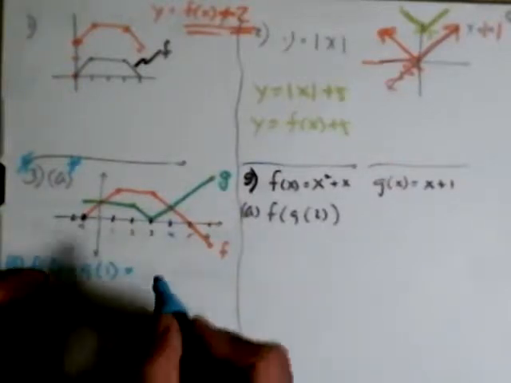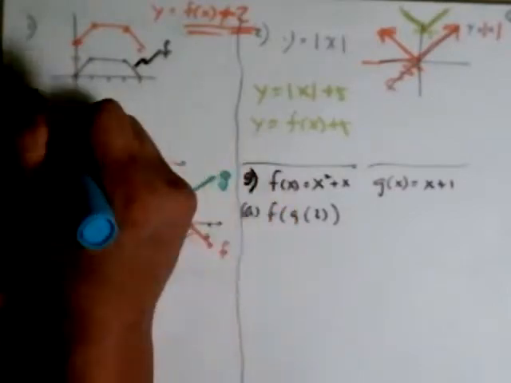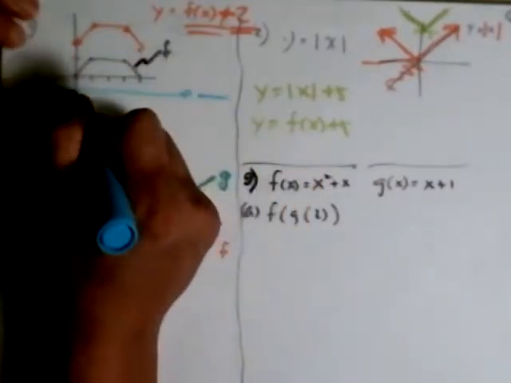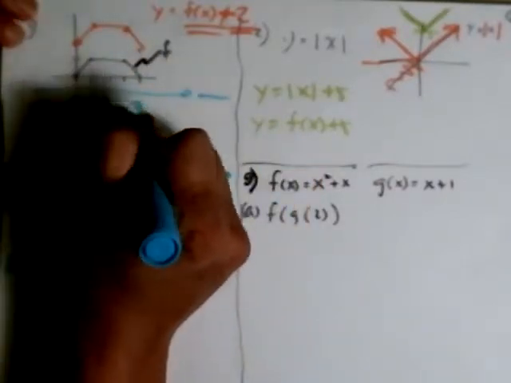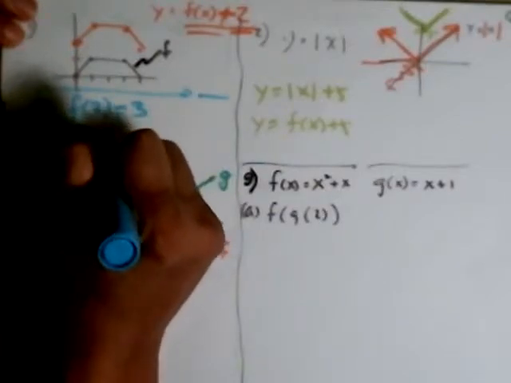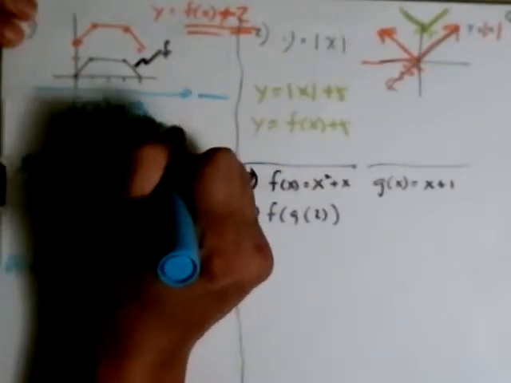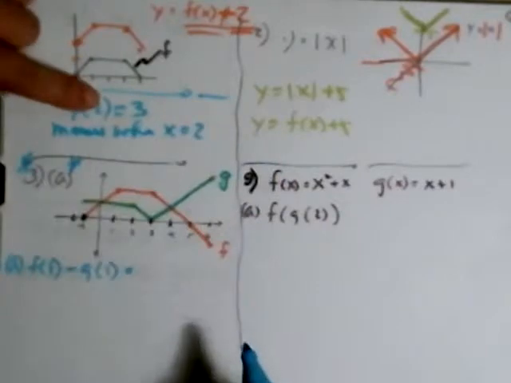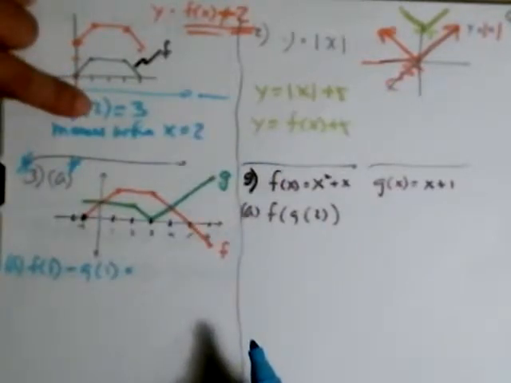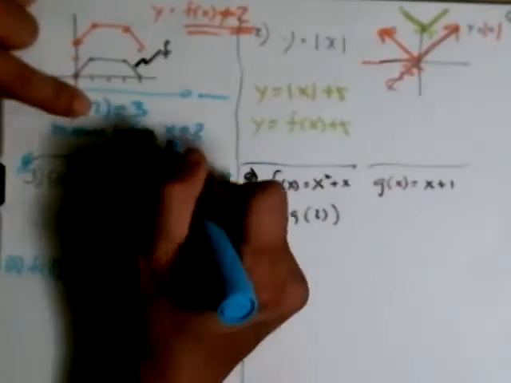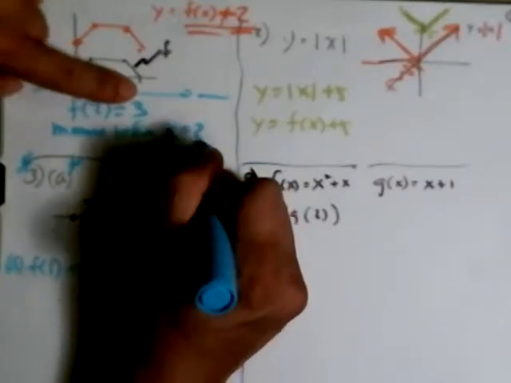At the x value, we talked about this a little bit earlier, okay? F of 2 equals 3 means when x equals 2, my y value is 3.